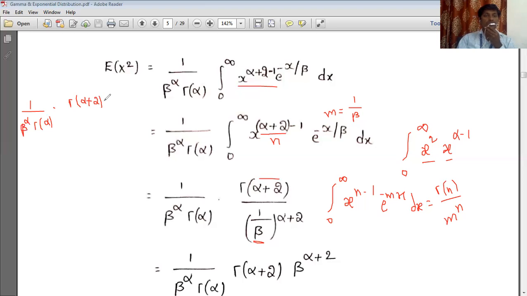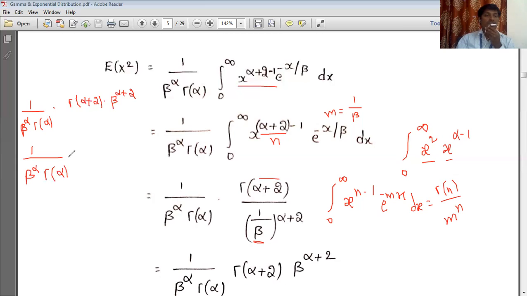When you take that into the numerator, 1 by beta whole power alpha plus 2 is nothing but beta power alpha plus 2. And this one we are not changing anything, so we are writing this as 1 by beta power alpha gamma alpha, as it is.